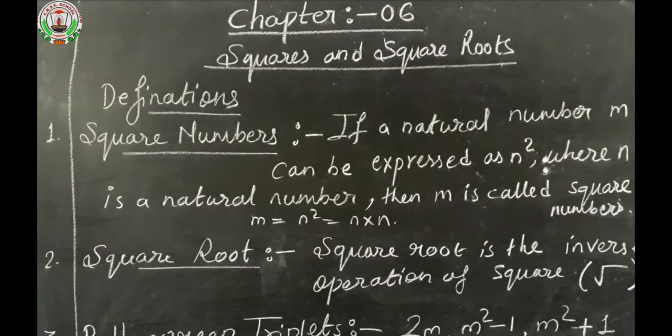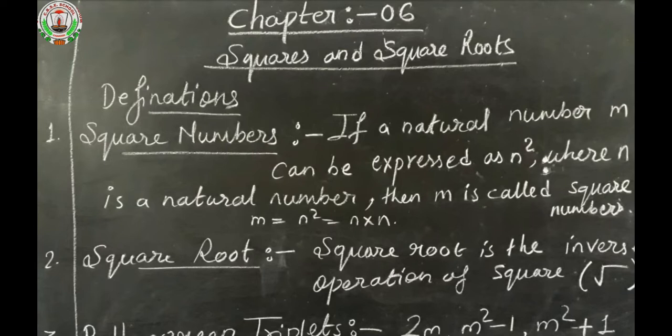So what do you mean by a square number? If a natural number m can be expressed as n square, where n is a natural number, then m is called a square number. For example, m is equal to n square, or read as n to the power 2, is equal to n into n. For example, we can take 4. 4 square or 4 to the power 2 is equal to 4 into 4, isn't it?